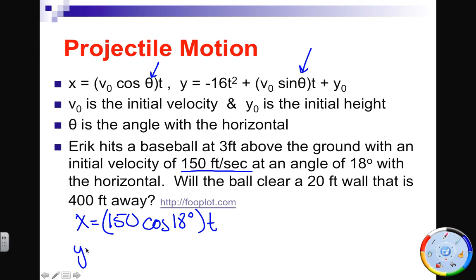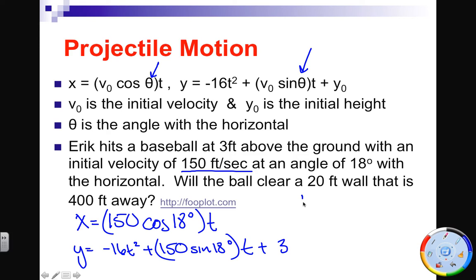And y is equal to negative 16t squared, it's just there, plus initial velocity, oops, not times the cosine, times the sine of 18 degrees, t, plus my initial height, which is 3, which sounds about right because you hit the baseball around your waist, about 3 feet off the ground.